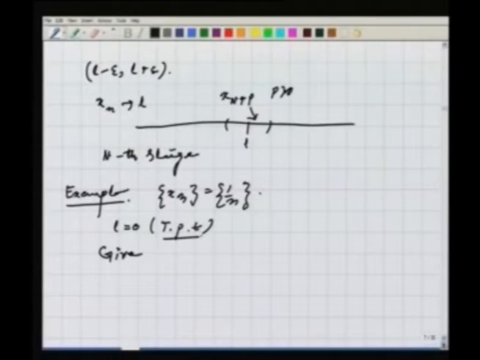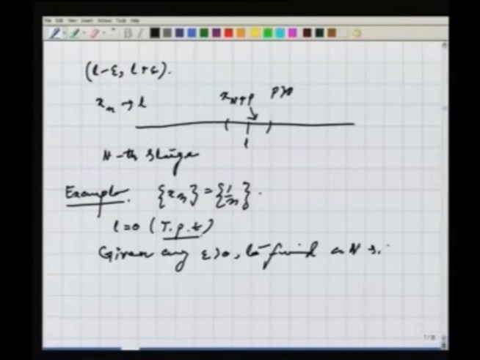Well, L is 0, that is what I want to prove. To prove that L is 0, what do I have to do? Given any epsilon bigger than 0, I have to find a capital N such that for all n bigger than or equal to capital N, modulus of xn minus 0 should be less than epsilon.